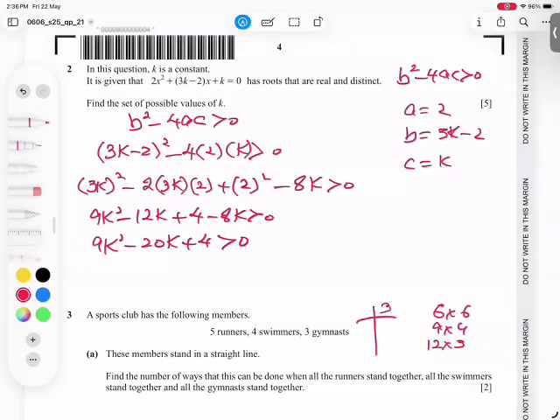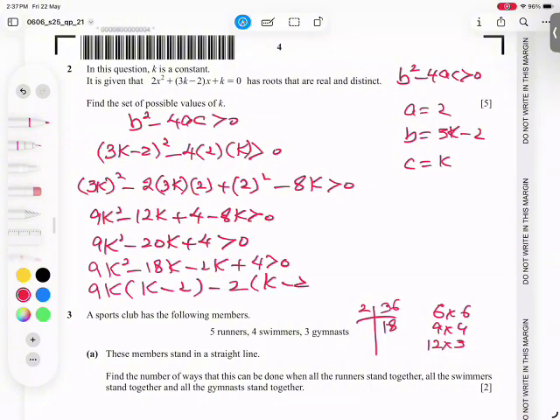Let me check why it's not possible. Yes, 2 and 18 times. So 18k and negative 2k. Then 9 common from here, 9k, k minus 2, and negative 2 common, k minus 2 is more than 0. I'm getting k minus 2 and 9k minus 2 more than 0.